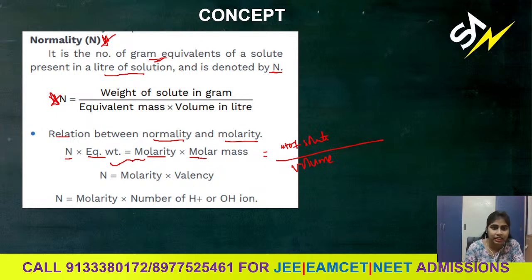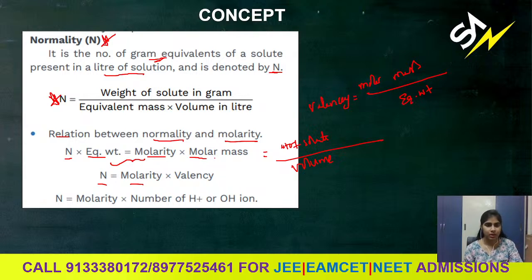The valency is the ratio of molar mass and equivalent weight. Valency is equal to molar mass divided by equivalent weight. So this gives the relation between normality and molarity: normality is equal to molarity into valency.